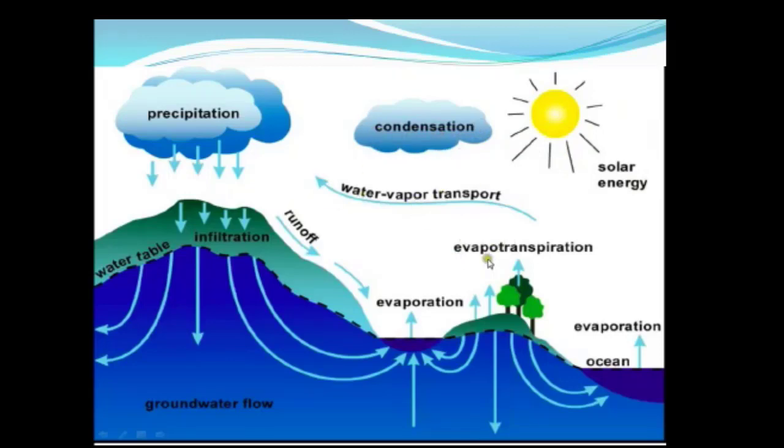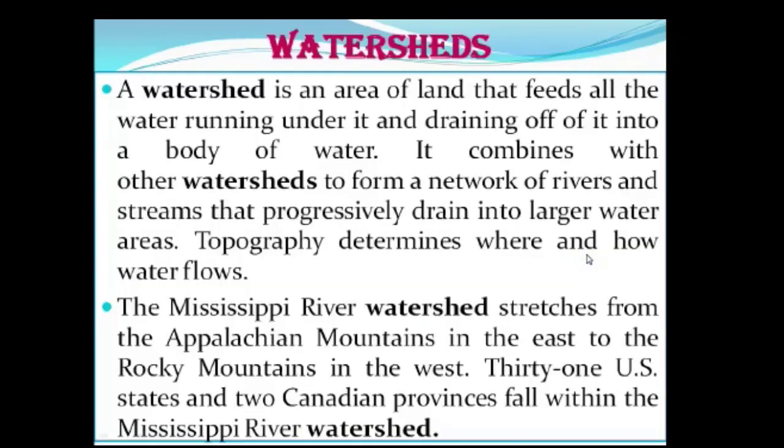Because of the solar energy, there is evaporation and transpiration from the plants. Here you can see the water from the ocean getting evaporated. The water vapor is transported, condenses, and you get precipitation here. In these ways the water cycle continues.